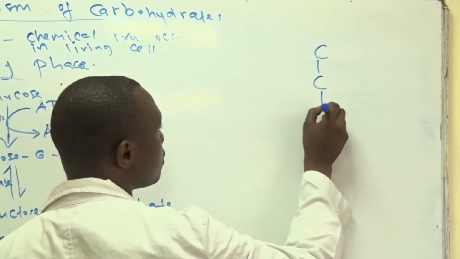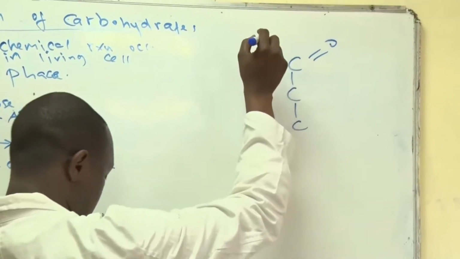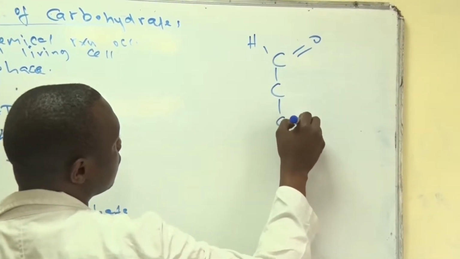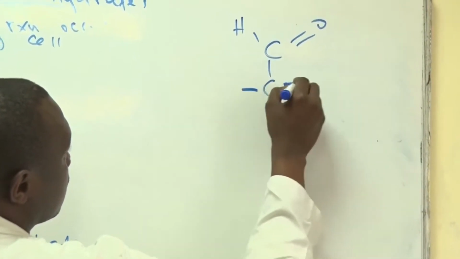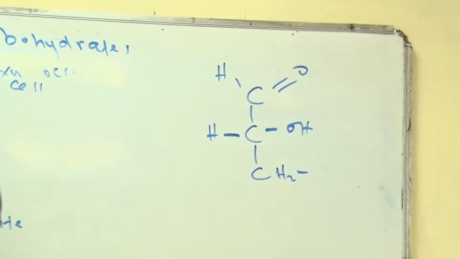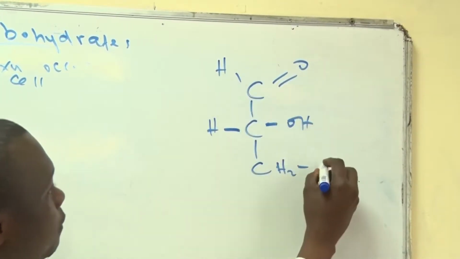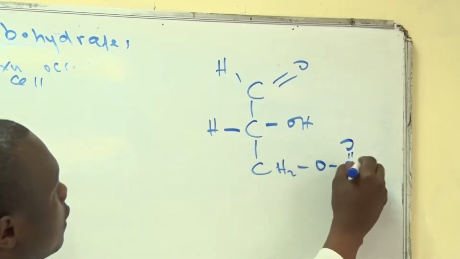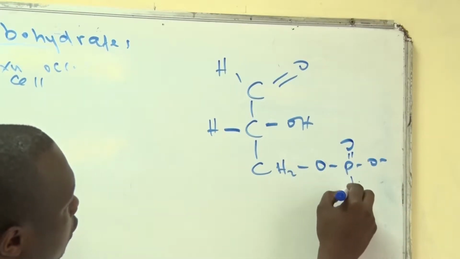It has 3 carbon atoms. We said it is 3-phosphate, meaning the phosphate is in carbon number 3: 1, 2, 3. So we have the phosphate attached there.